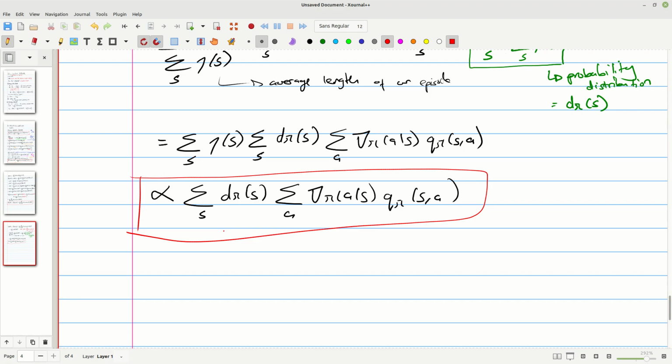Then we need to decide on what metric we want to maximize. And then we went about how we would compute the gradient of such a metric. We are going to use this result in our future lectures to derive more policy gradient algorithms.